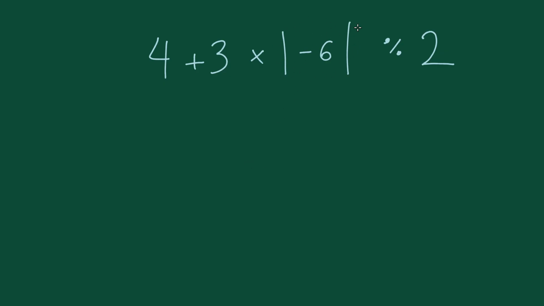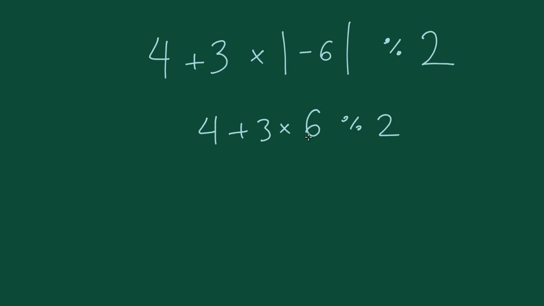So treat absolute value as if they were parentheses. Do these first in the order of operations, okay? So you would say negative 6, the absolute value is positive 6. That would be your first step. 4 plus 3 times 6 divided by 2. And then from this point on, you would just do the order of operations like normal.